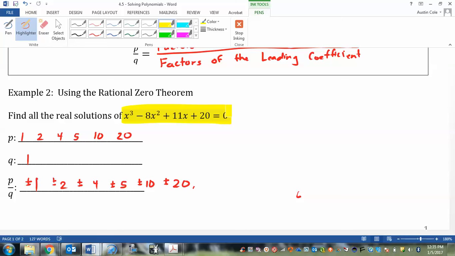And hit graph. And what we're going to do is use our graphing calculator to figure out where they are. Which ones of these possible 12 are we really looking at? Because there's 12 possibilities, but there's not going to be 12 zeros. So when you graph it, we're looking at where it crosses the x-axis.